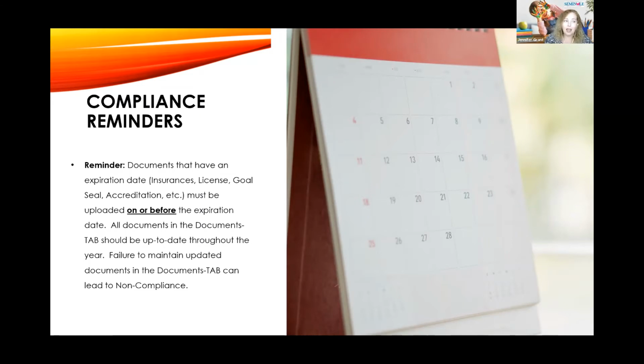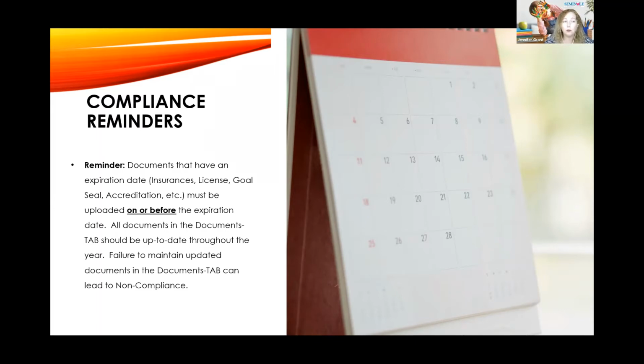From our compliance team, we have some additional reminders. This is, again, about documents that have an expiration date. So if your insurance expires September 1st, as an example, we need to have your new insurance uploaded on or before that expiration date, at least a day before, because we have to approve it for you to continue to be eligible to offer the school readiness services.